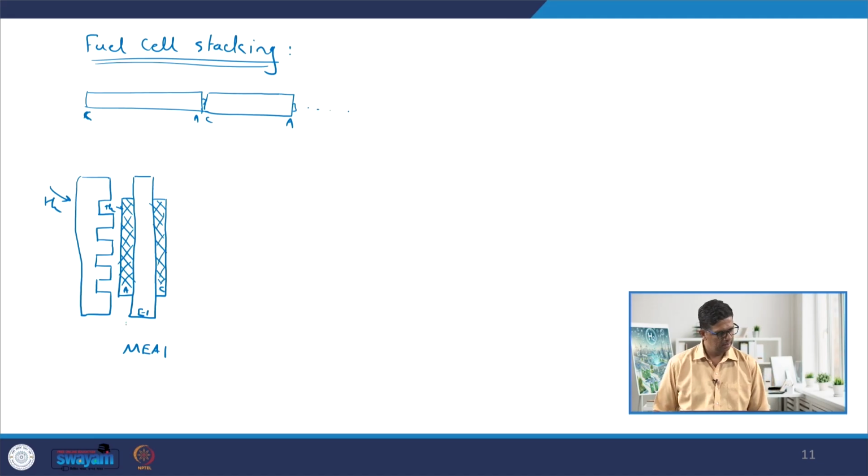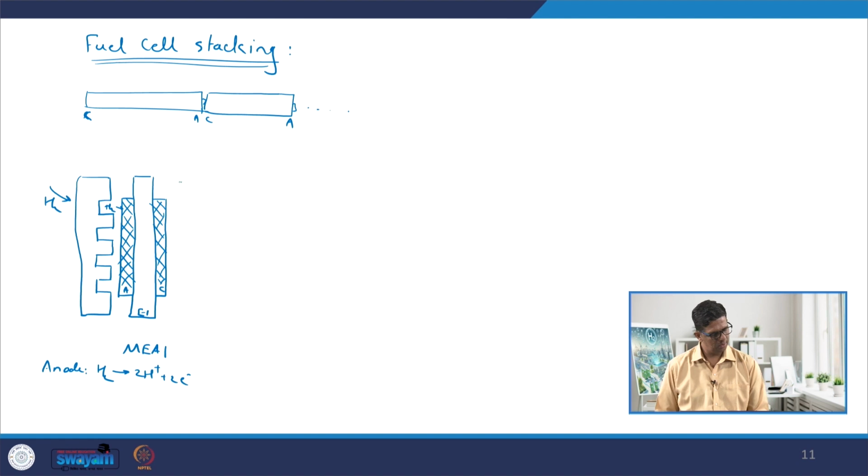So, we know what reaction takes place at the anode of the first cell. Let me write that. At the anode we have H2 getting oxidized to protons and electrons.